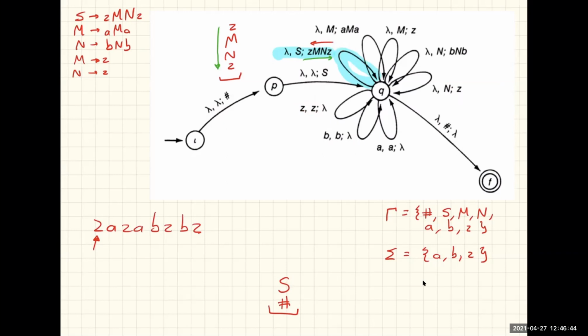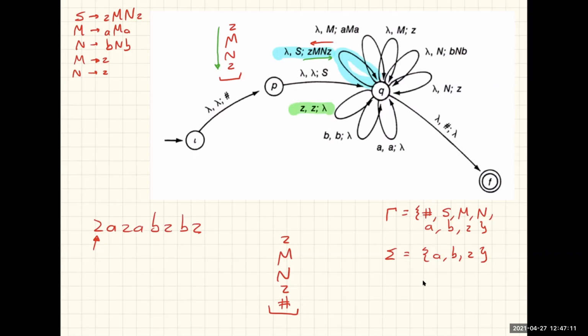Now that we know this, we will change this S. We take it out, we pop it and insert Z, N, M, Z, as we saw here. Okay, now we have several options. Well, not several, I think the only option we have now is the green one, because now we have the two conditions.